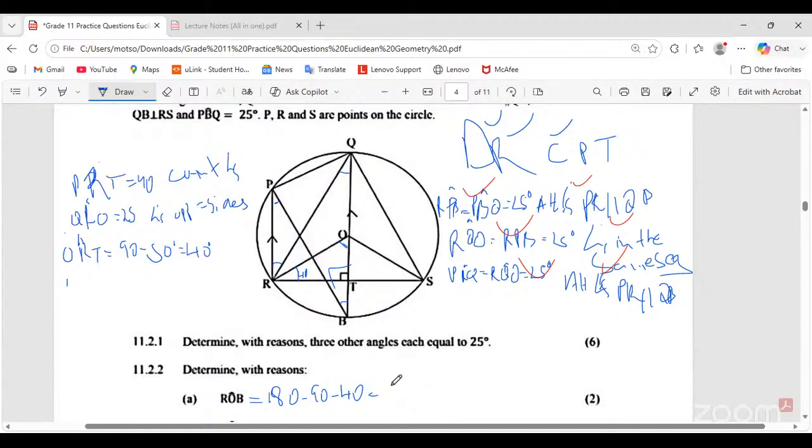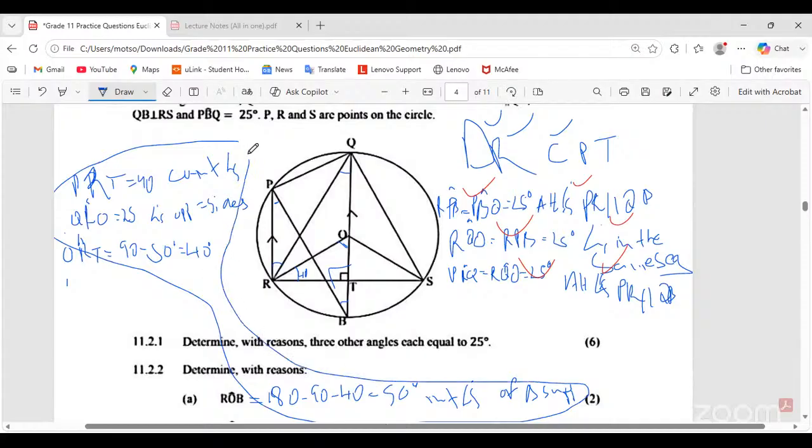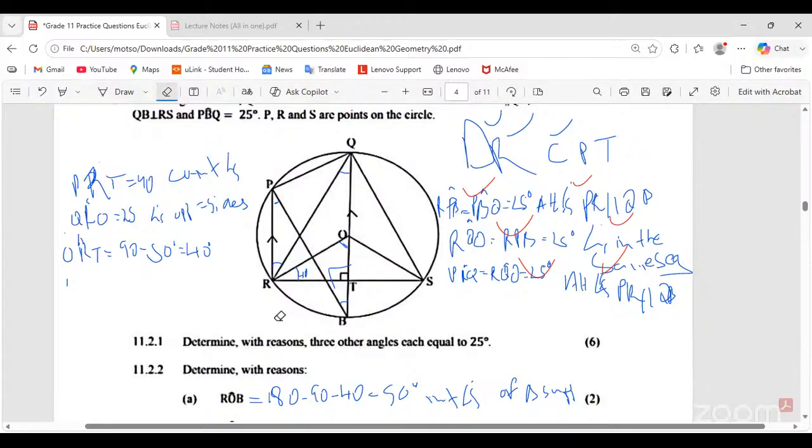I get 50 degrees. Reason being interior angles of a triangle are supplementary. So this is the answer for 11.2.2. But probably there is a shorter version of answer to calculate that angle. But there are many ways to kill a cat, guys. Even if you used some other method, you are still more than welcome.